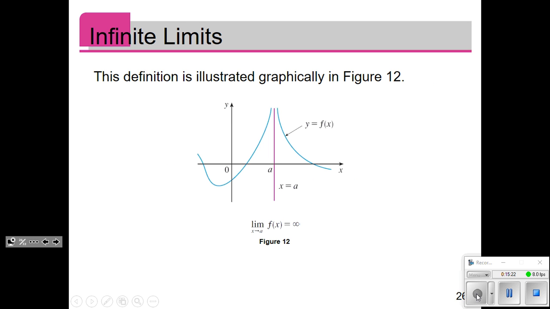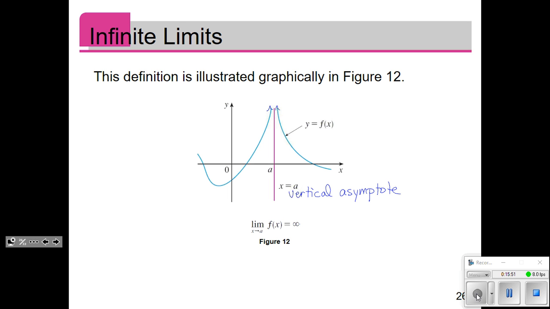This is a good example. I guess they kind of assume that these would have arrows. And again, this would be a vertical asymptote at x equals a. Vertical asymptote here, so my limit of f of x as x approaches a equals infinity. Why?